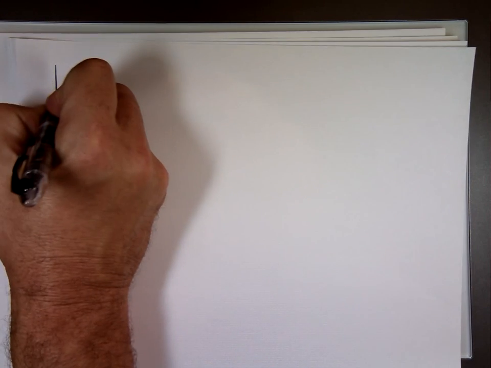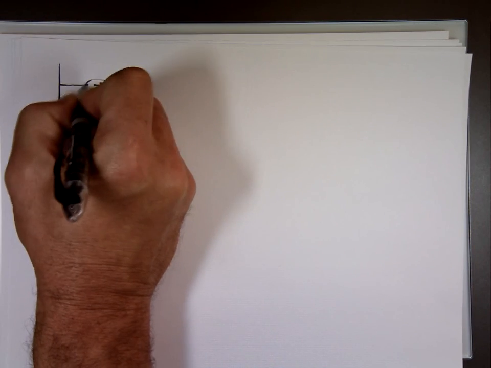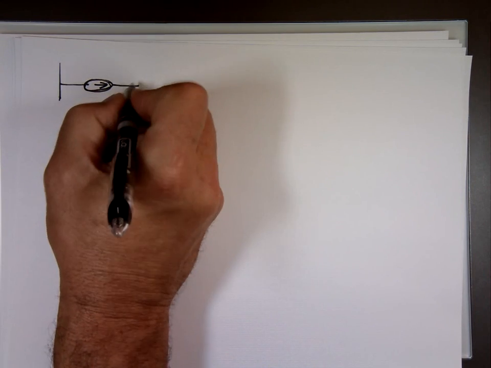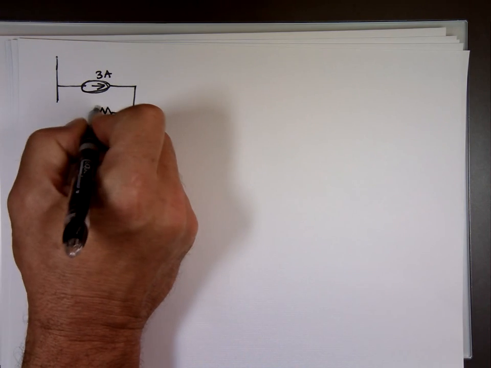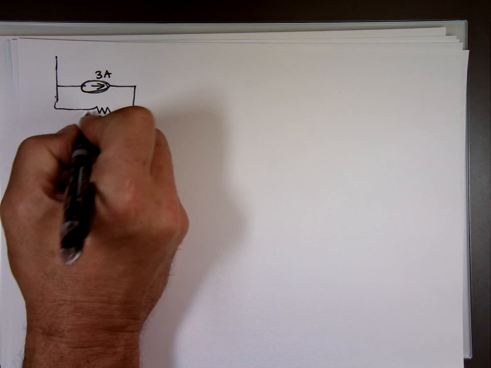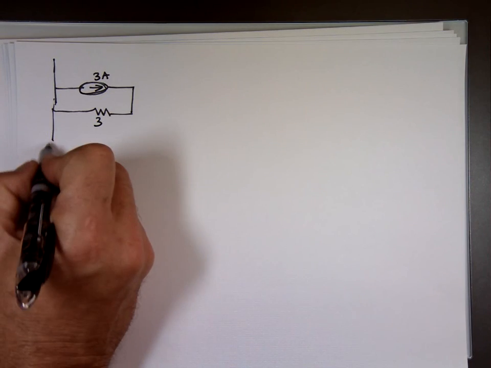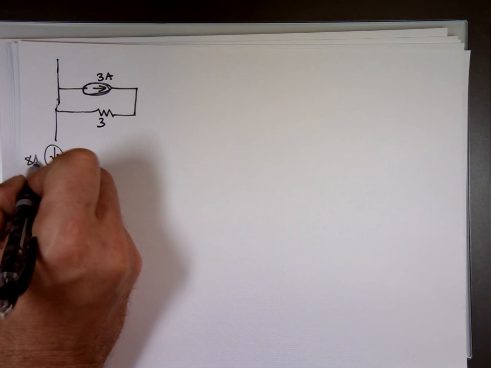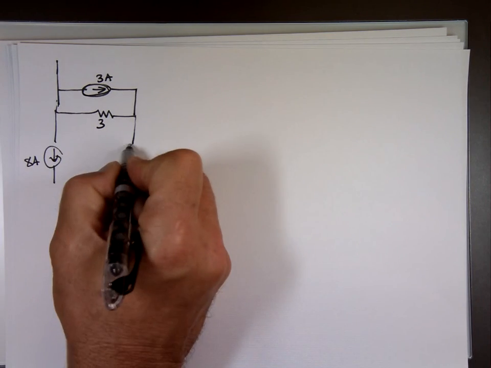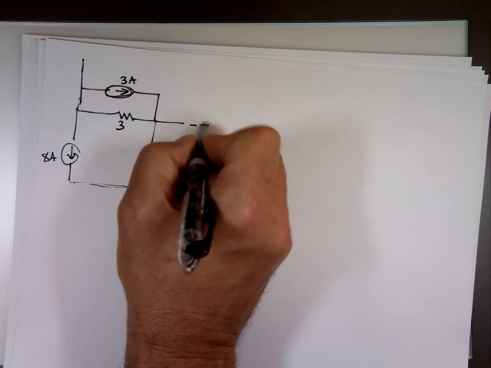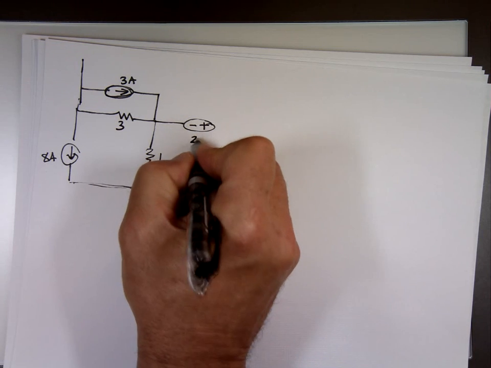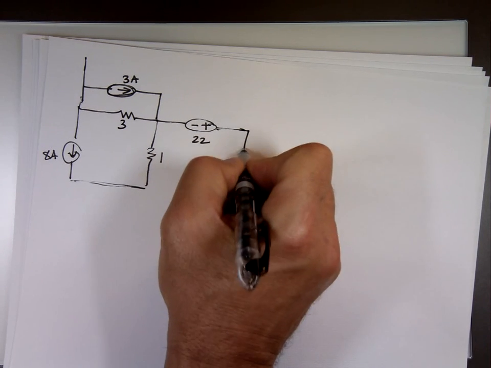Let me put it back there. Here we go. I'm putting the current in the right direction, 3 amps. Three. 8 amps. 1. 22. 2.